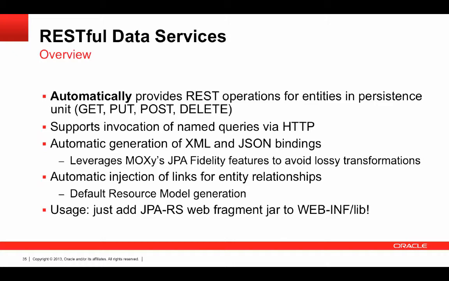The XML to JSON binding is done for me automatically, looking at the JPA entity mappings and the potential for any JAXB mappings I may have added to my classes. It constructs a JAXB context that can do the XML and JSON binding, leveraging all the JPA fidelity features to make sure we don't lose any state between the two conversions, which could result in data corruption on the back end.